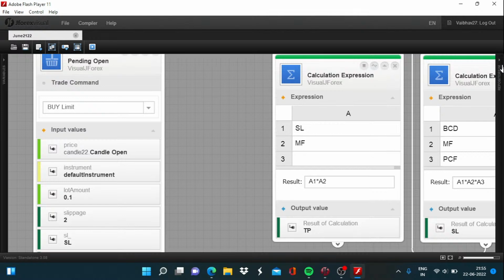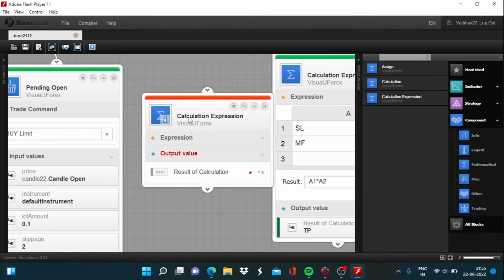So again, one more time, we have to bring in the calculation expression.